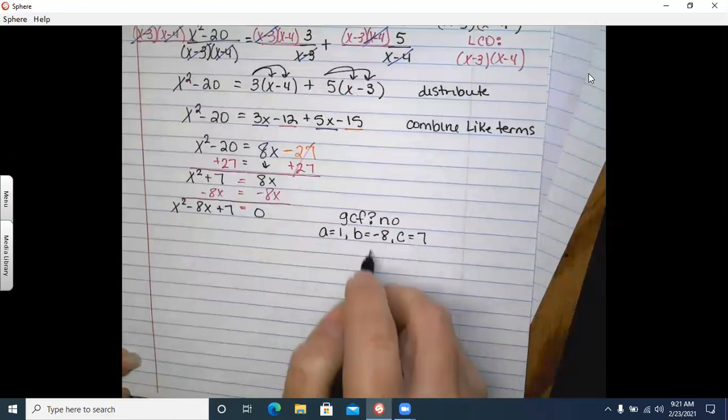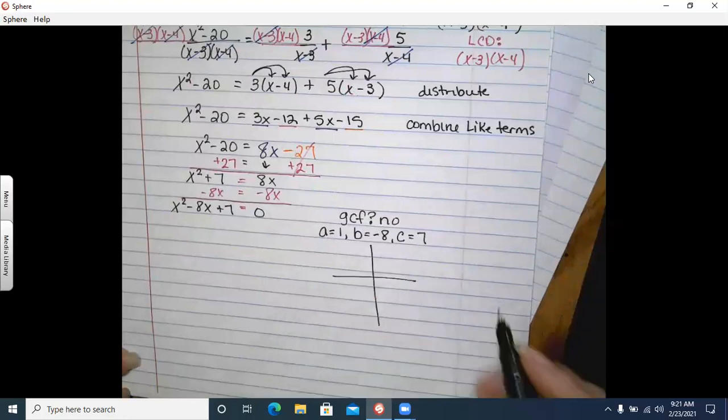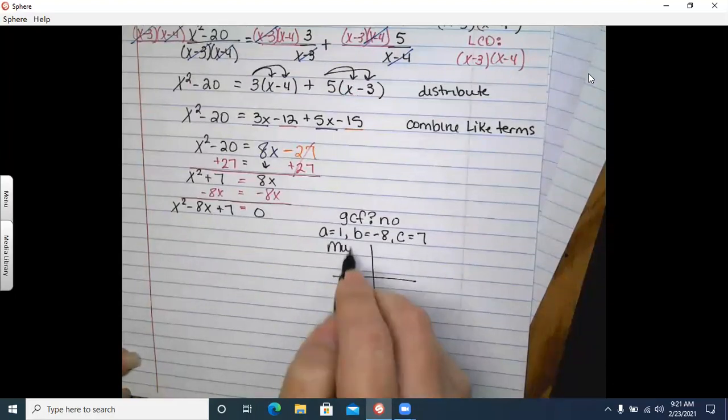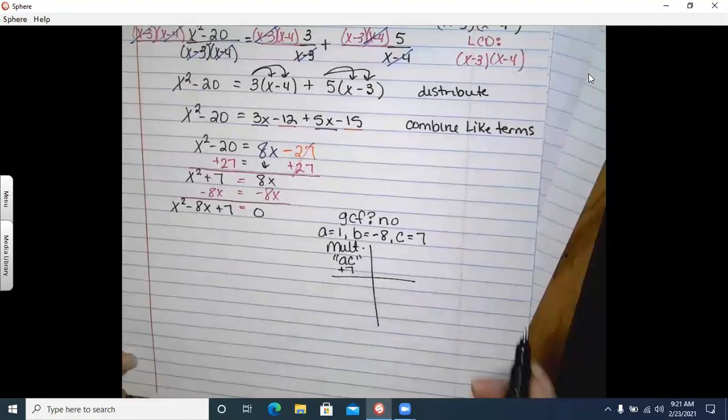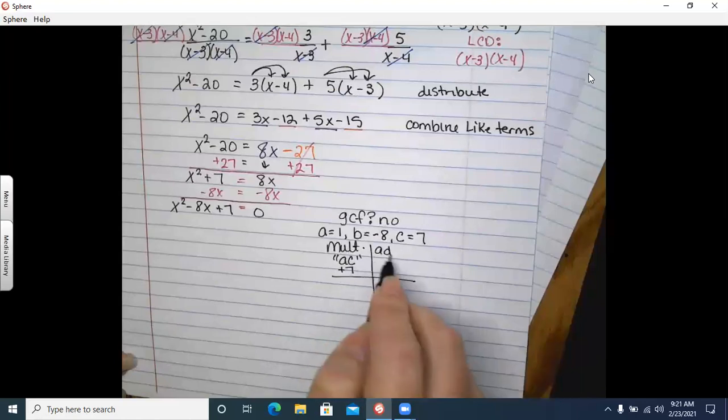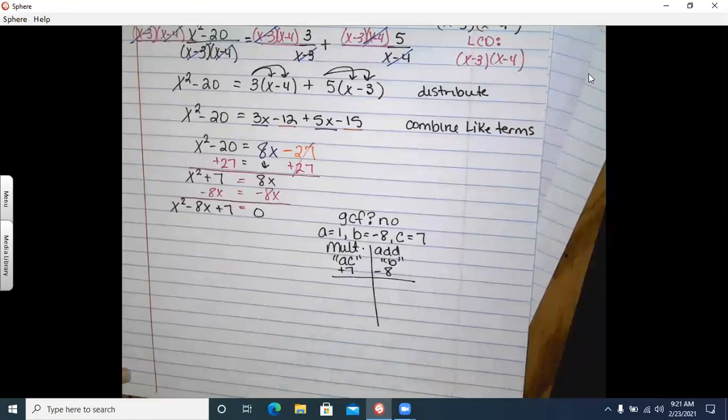If we could factor, we would need two numbers that multiply together to give us A times C, which in this case is a positive 7, and then add together to give us B, which is negative 8. Negative 1, negative 7. Let's see.